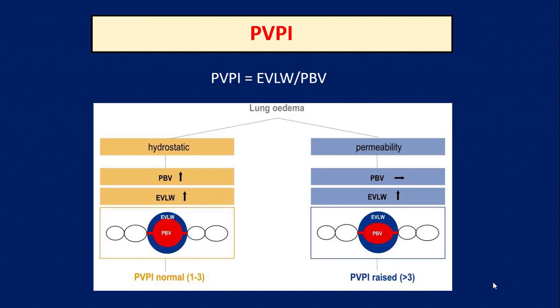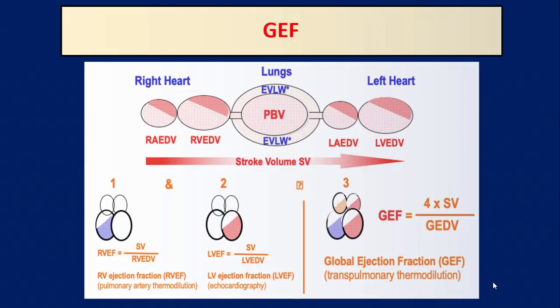So if the pulmonary vascular permeability index is normal, between 1 and 3, and we find there is lung edema, it is because of hydrostatic changes, cardiogenic pulmonary edema. If the index is raised more than 3, then we are sure that it is because of leaky capillaries, probably because of sepsis.